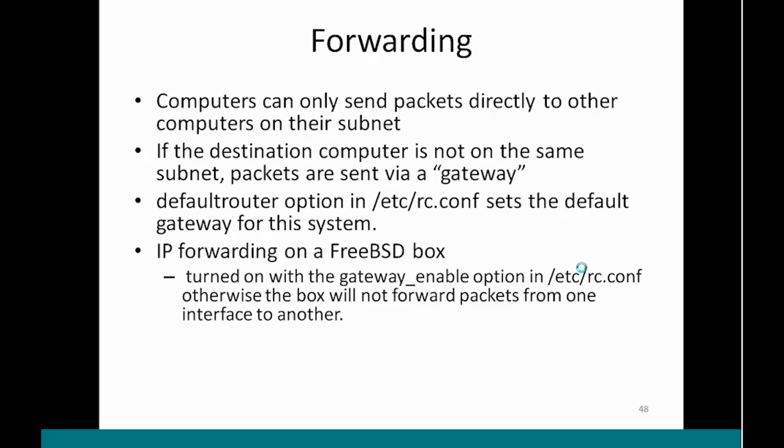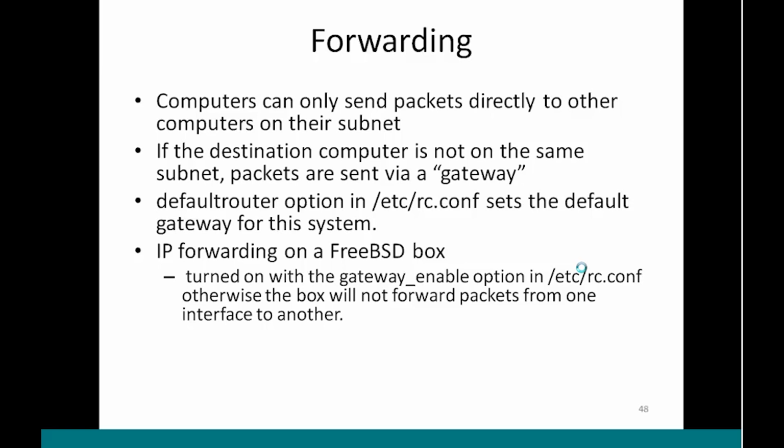If the destination is not part of the subnet, which is identified by the network address, then they are sent to a gateway. You can think of the gateway as a central router, and that sends it to the other networks. So a gateway communicates between two networks, and within the network the packets can be sent directly.